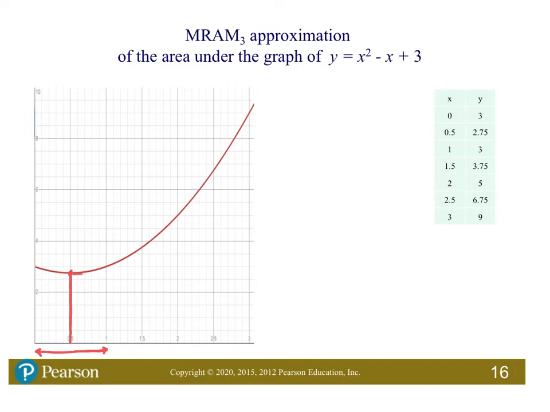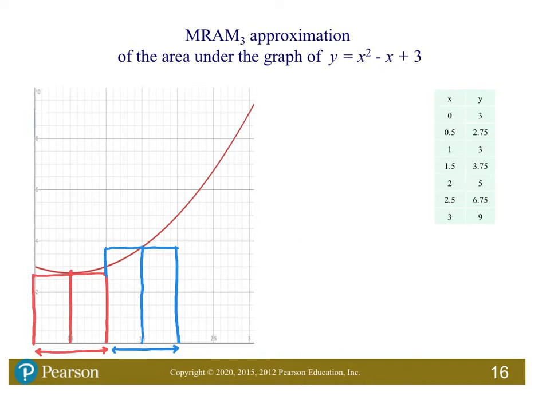And so the rectangle would come across, and this rectangle is going to be completely underneath, so that'll be an underestimate of that rectangle. The next rectangle would go from 1 to 2, so it would be created at the midpoint, which is at 1.5, and so that rectangle would be partially over and partially under, and so that's going to be a really good estimate right there.